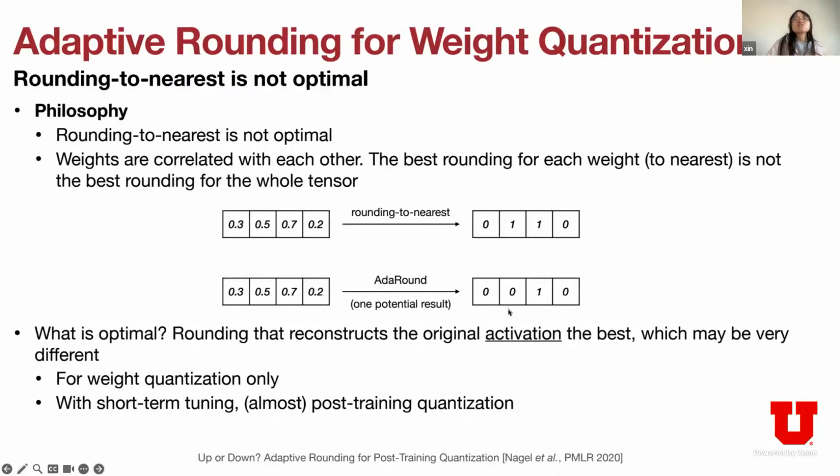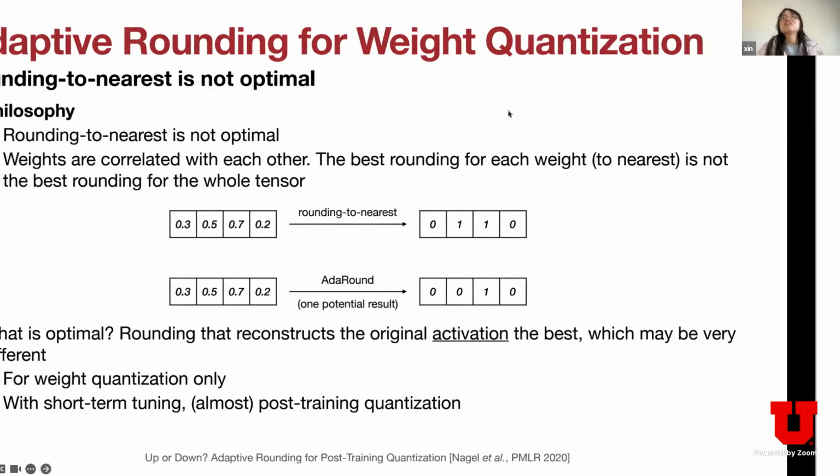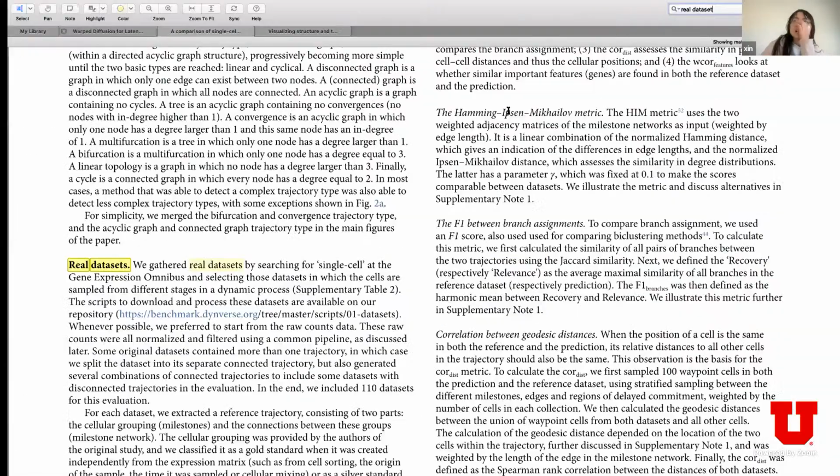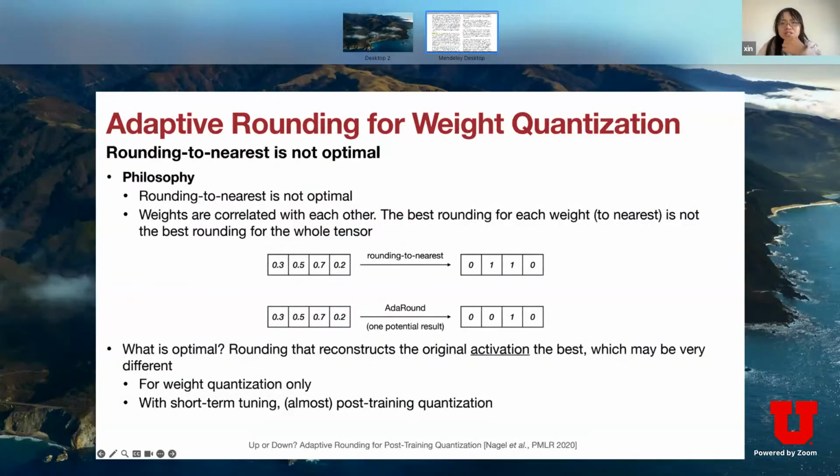The motivation in this paper is that although rounding to the nearest for each single weight can be optimal for that weight, for the overall network model performance, rounding to the nearest may not be optimal. And in their paper, they show one example for that.